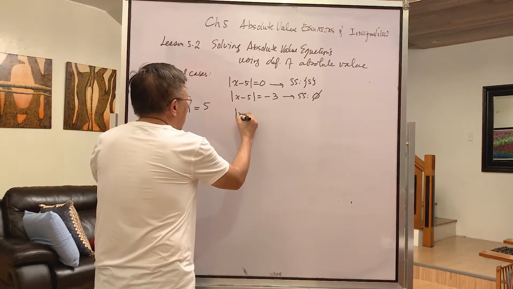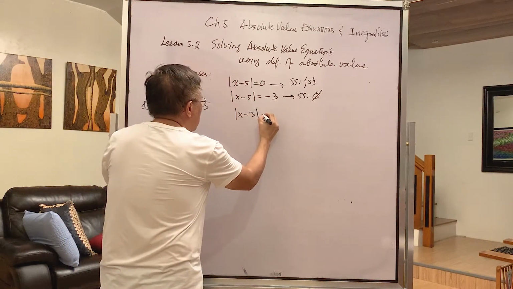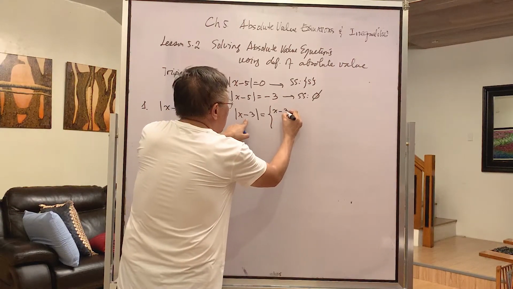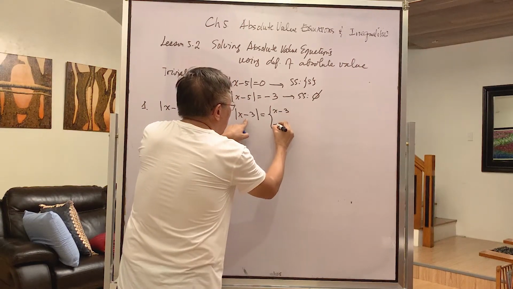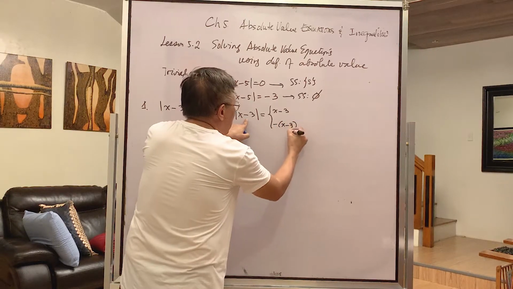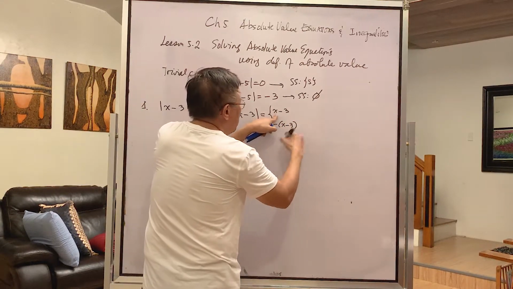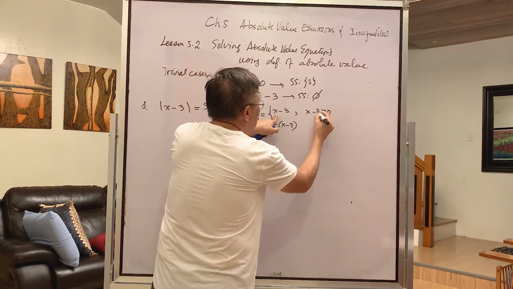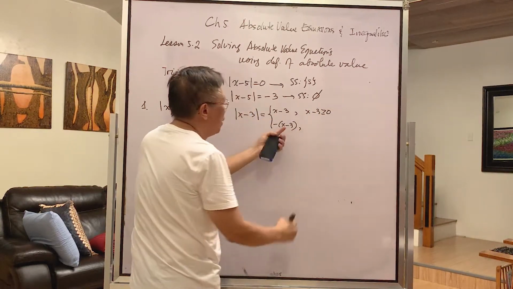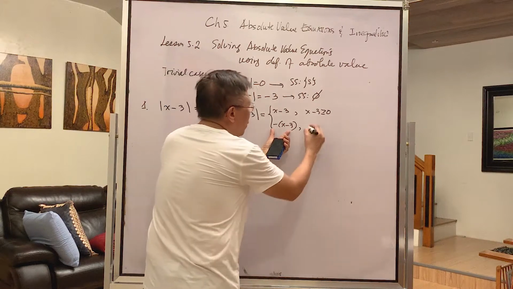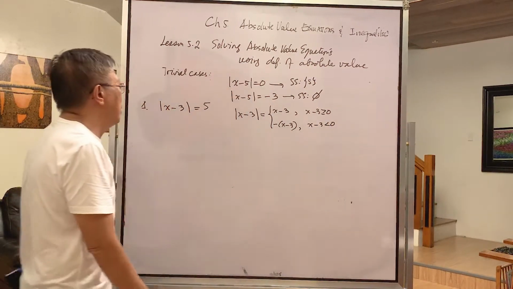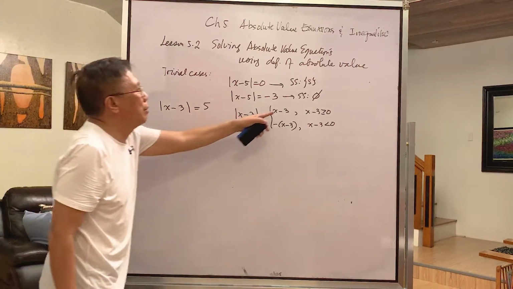We know that the absolute value of x minus 3 will be itself, x minus 3, or the negative of itself. When will this be equal to itself? If the number is positive or 0. And when will it be the negative of itself? If the number is less than 0. So therefore we have to consider two cases here.